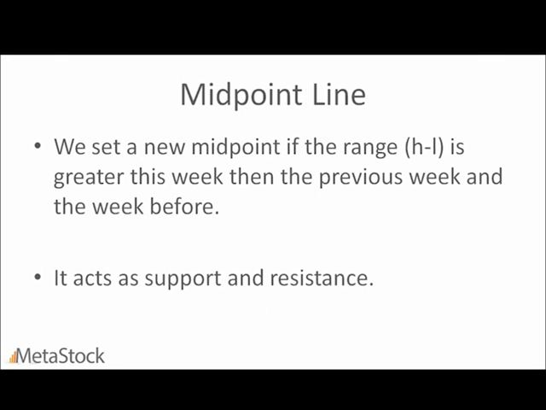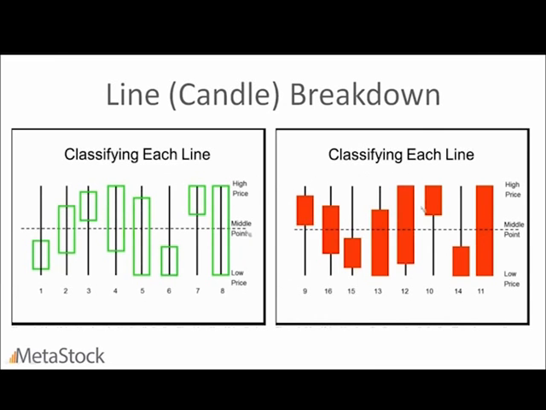But the only time that we establish a new midpoint line is if the range of that candle is greater than the range of the previous candle. So if my range of this week's bar is larger than the range of last week's bar, I'm going to establish a new midpoint line. And what this does is it helps set up support and resistance for our weekly candles.